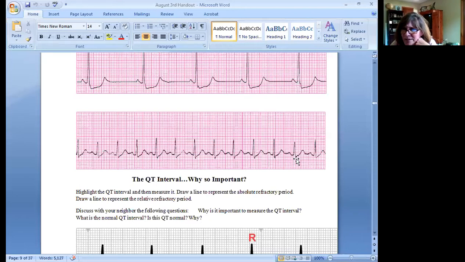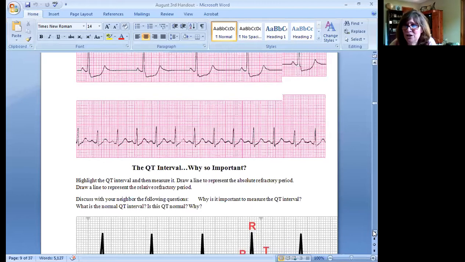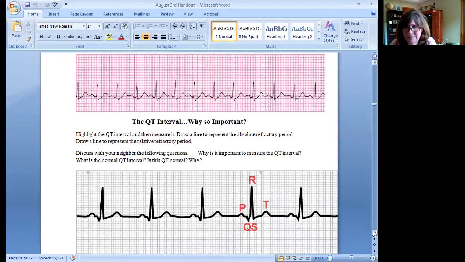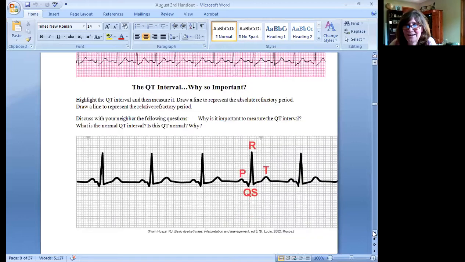About 4 boxes there, 5, 6, 7, 8. Maybe it's about 0.32. So the faster the rhythm, the shorter the QT. And why is that QT interval so important? I've said it a gazillion times, that refractory period. You do not want to mess with the downslope of the T. Otherwise, you will have a code.